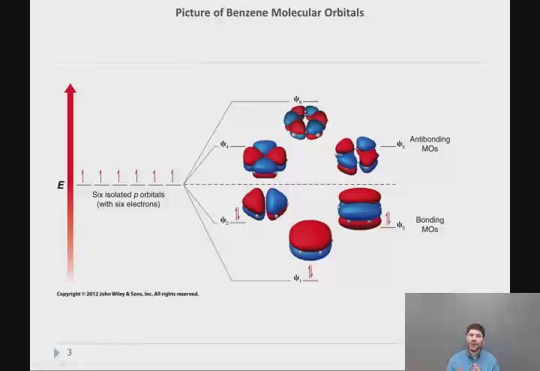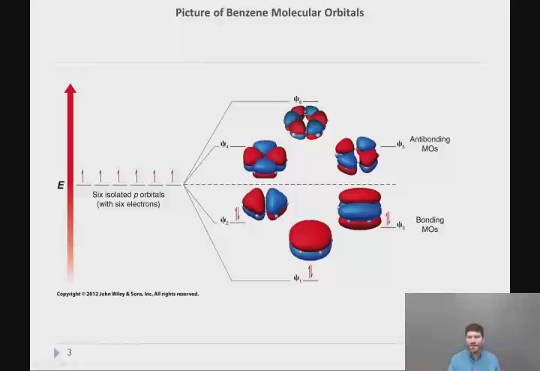You have all your blues overlapping with your blues, you have all your reds on top overlapping with your reds, and that shows that there is in fact pi bonding between all 6 carbon atoms. The remaining structures of psi2, 3, 4, and 5 are less easy to derive.